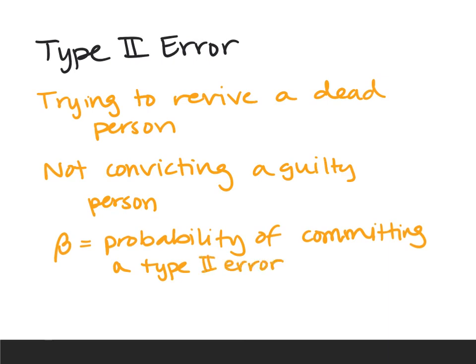We're not really going to do anything with beta. We're going to focus on alpha. We're going to focus on that significance level being small. And if you go to an advanced statistics class, then you can talk about beta and the power of the hypothesis test, and you can do all sorts of great things with preventing type 2 errors. But we're not going to focus on that in this class.